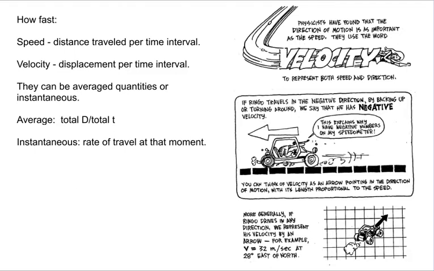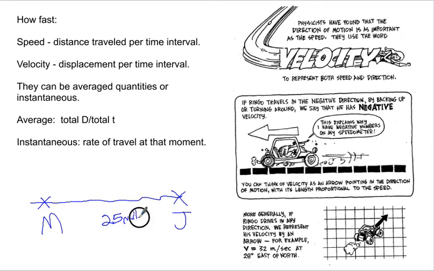So let's say I'm driving from Janesville to Mankato, and I don't remember exactly how far this is in a straight line, but let's say it's 25 miles. Okay, that's the distance between those two. If I drive straight there, that's also my displacement.